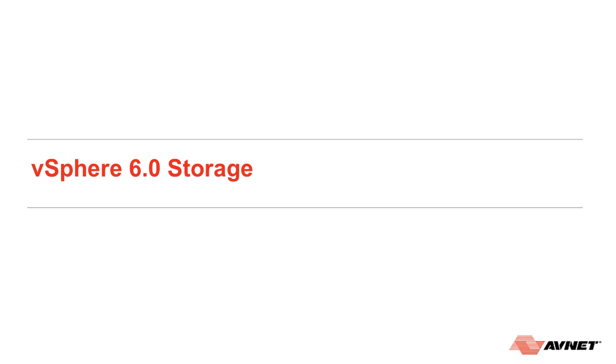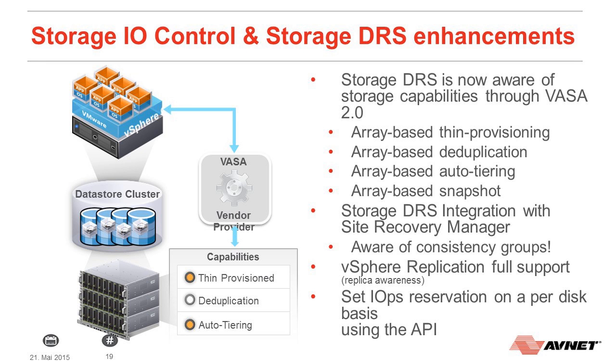And then for the storage conversation, we have some enhancements around storage I/O controls as well. So we can now take advantage of the capabilities that the array can give us through the VASA provider that's contained inside the array.